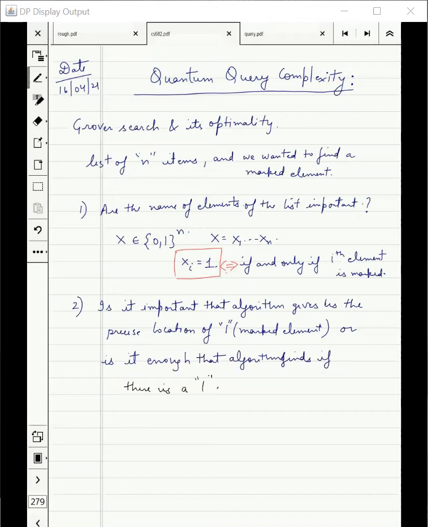It just tells you there is a marked element. The algorithm is not going to tell you in which position the actual element is.